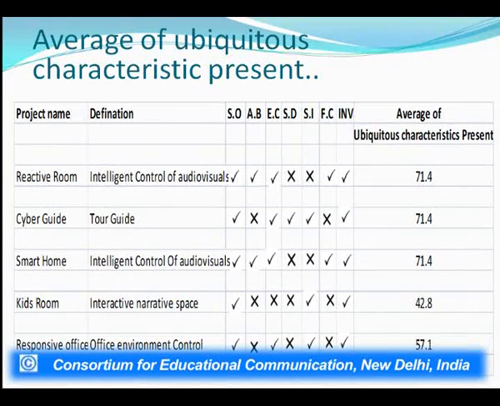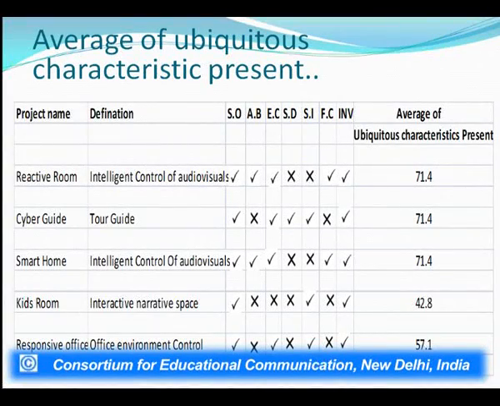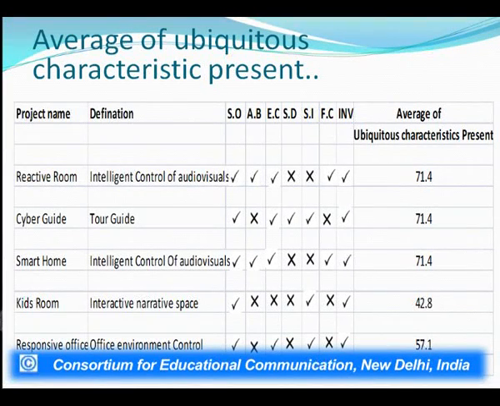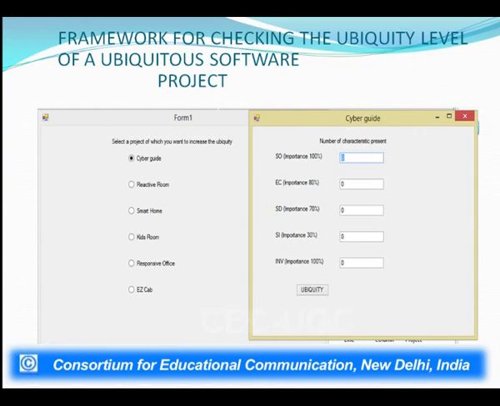For example, service omnipresence, adaptable behavior, experience capture, service discovery, service integration, function composition, and the inverse. For the reactive room, the average ubiquitous characteristic present is 71.4%, cyber guide is 71.4%, smart home is 71.4%, kids room is 42.8%, responsive office is 42.8%.